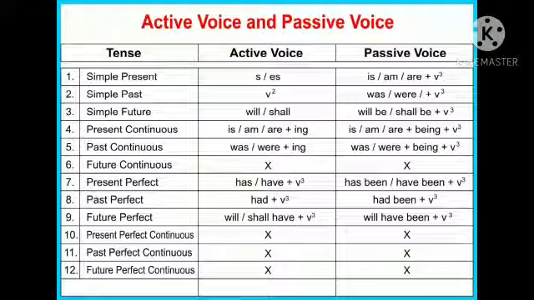For example, for simple present, the active voice, the verb will be in S or ES form, and when we will change it to passive voice, the helping verb that we are going to use is am, is or are according to the subject, and finally the verb third form. So, by the help of this chart, you can easily change the active voice sentence into passive and the passive voice into active voice.